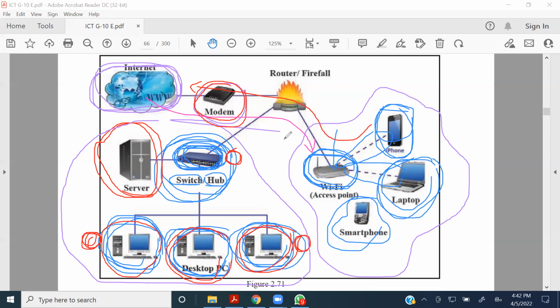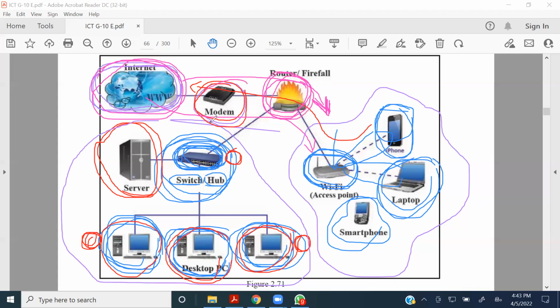right? But the problem is, since the internet is used by many different people, there can be some things coming into these networks which can harm the computers, the devices or the network. So to protect that, we have a device called a firewall.